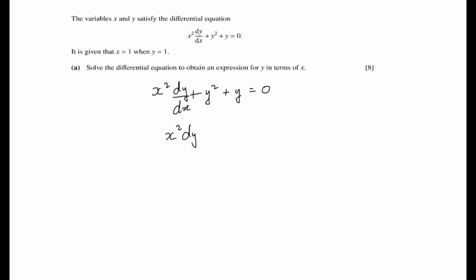So x squared dy by dx is negative y squared negative y. And then you do a variable separation. Keeping in mind that dy and dx must always be in the numerator, using algebra, separate the variables so that the x terms are on the right. So that becomes 1 by x squared. And the y terms are on the left, and that becomes negative y squared minus y.